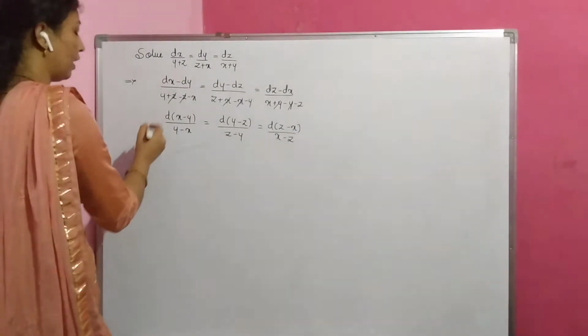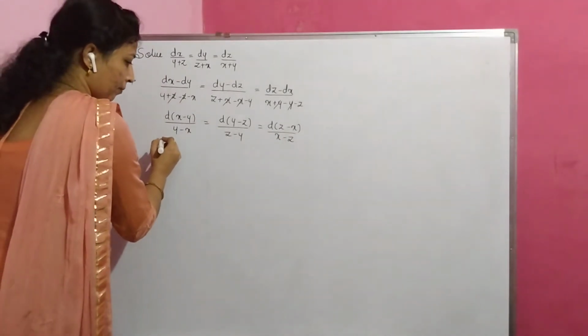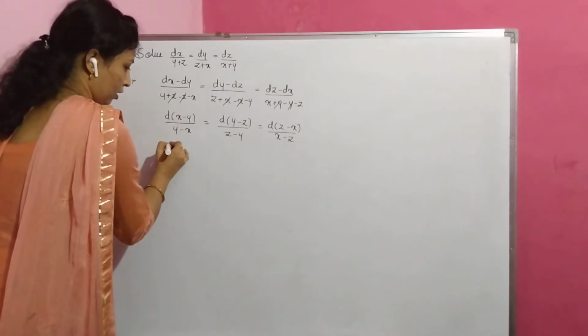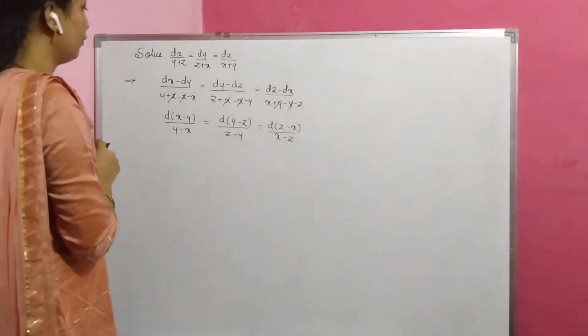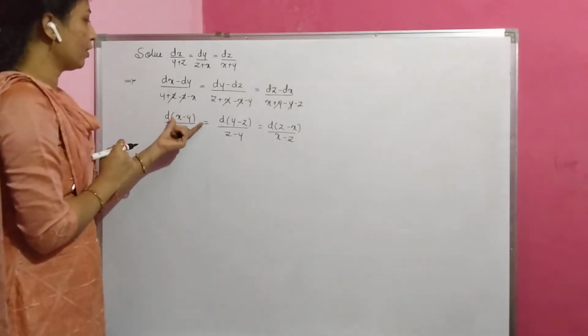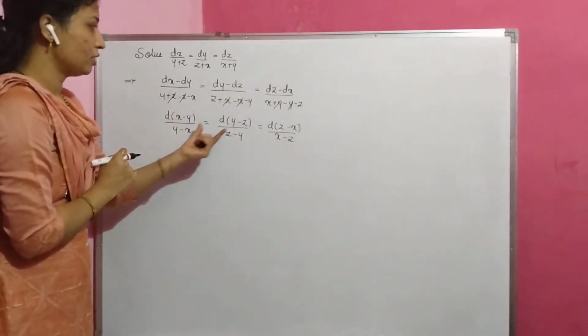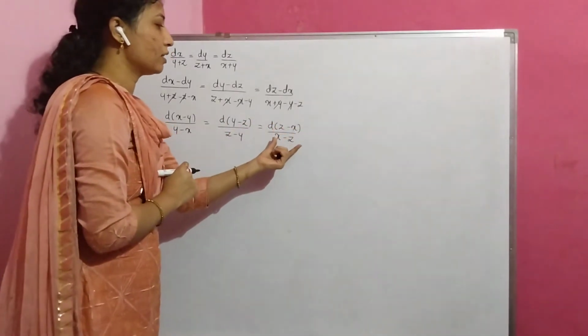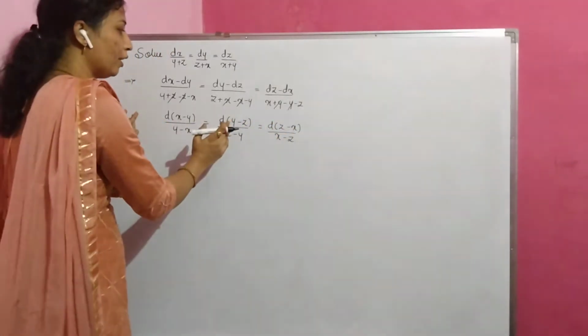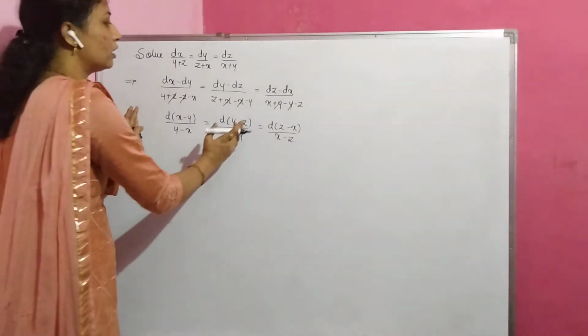So again here we write this term in the form d of x minus y divided by y minus x, d of y minus z divided by z minus y, and d of z minus x divided by x minus z. Here we have to consider these two pairs.